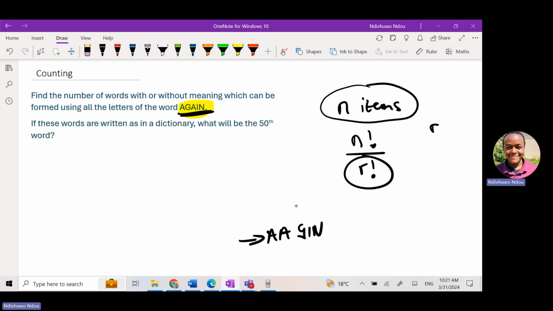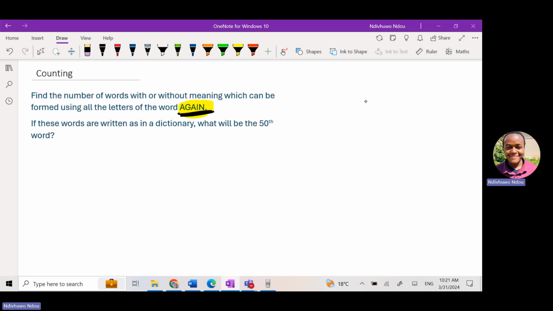Okay, let's go and count these ones. So basically what you do is you count how many letters there are to arrange. So you have 1, 2, 3, 4, 5, right? So the total number of different words that can be formed will be 5 factorial. But we do recognize that the A's are repeating. So to cancel out the effect of the repeating letters, we divide by the factorial of those repeating letters.